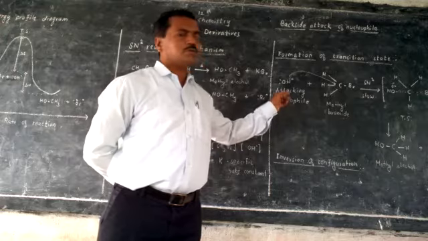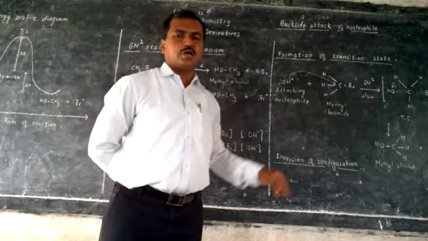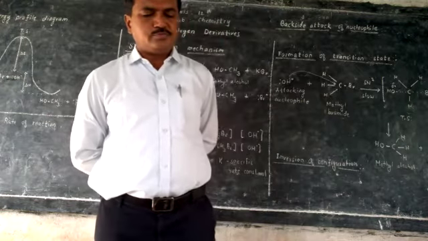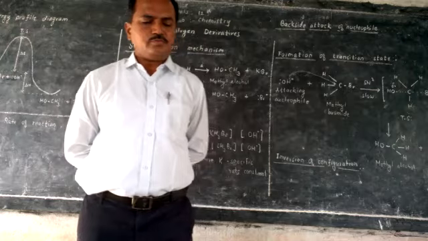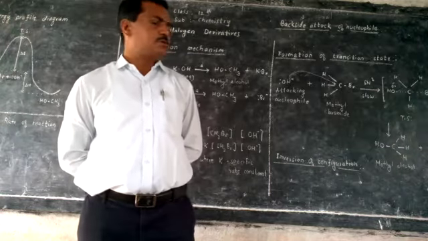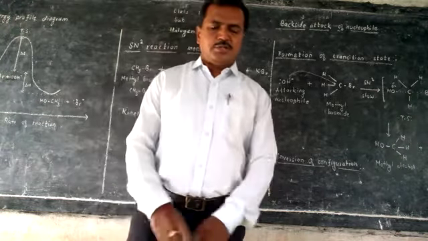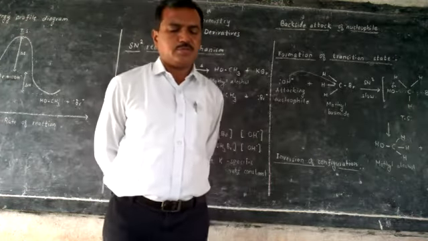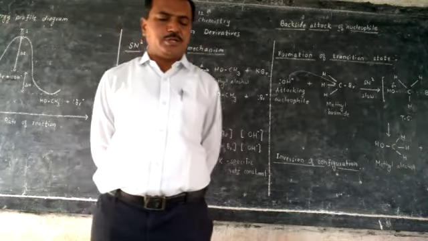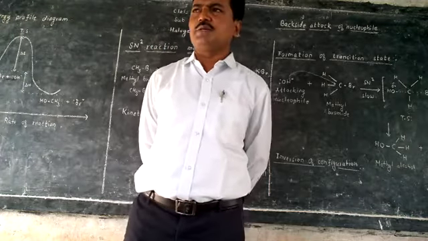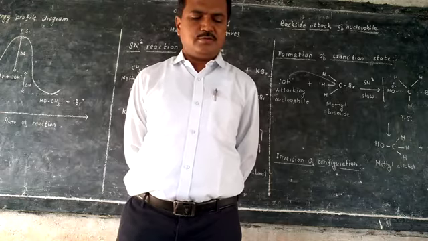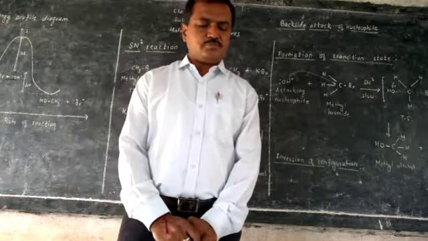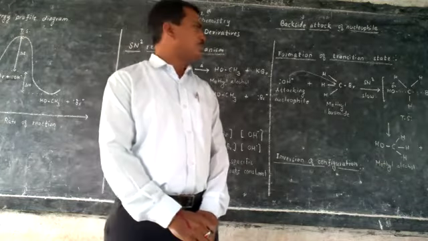When this OH, the nucleophile, attacks the carbon atom of methyl bromide from the backside, the transition state is obtained. It is an intermediate state, which is an unstable state having maximum energy. It immediately decomposes into product.